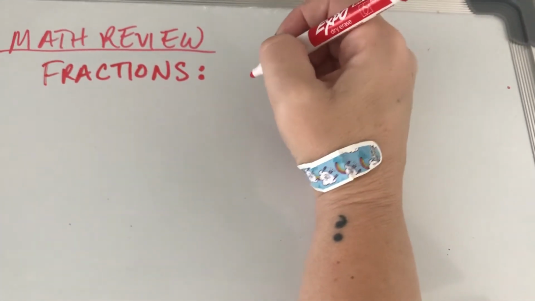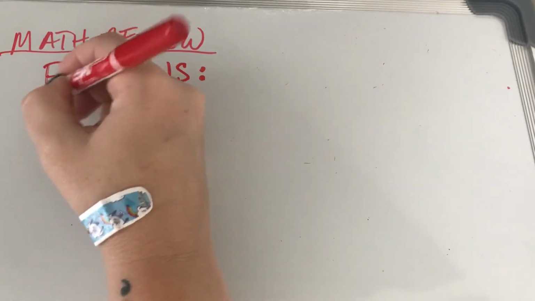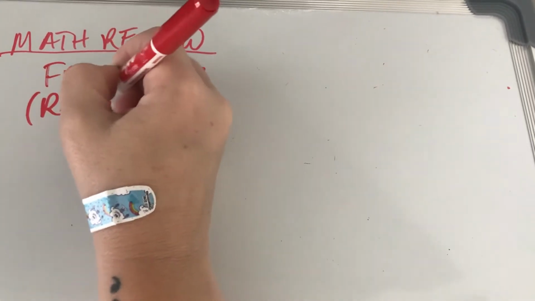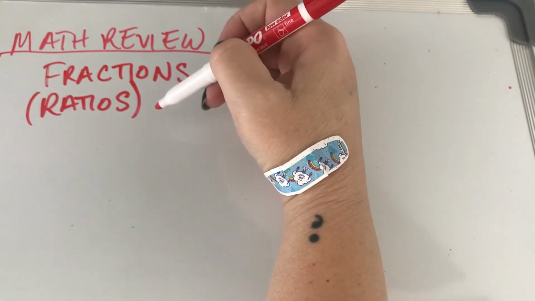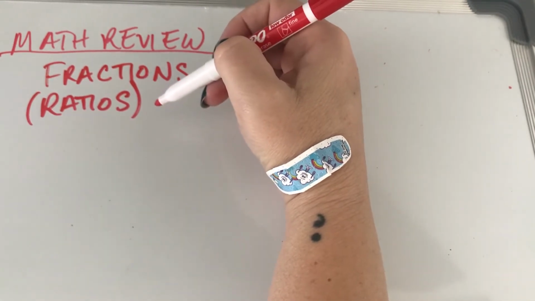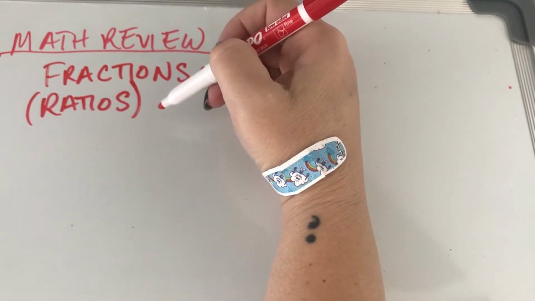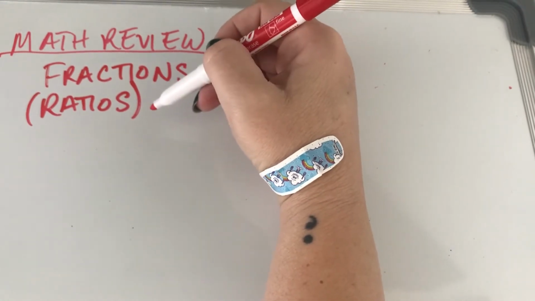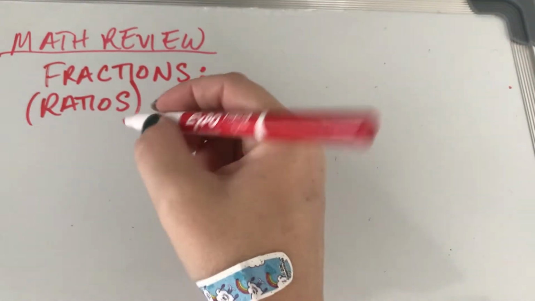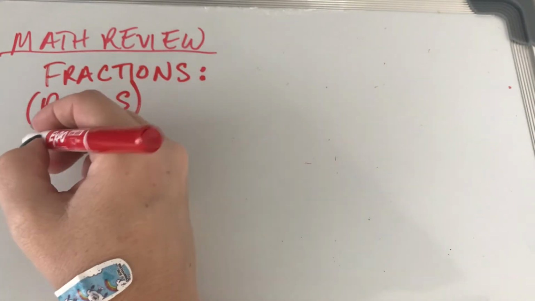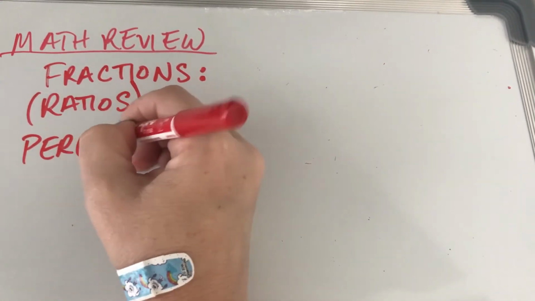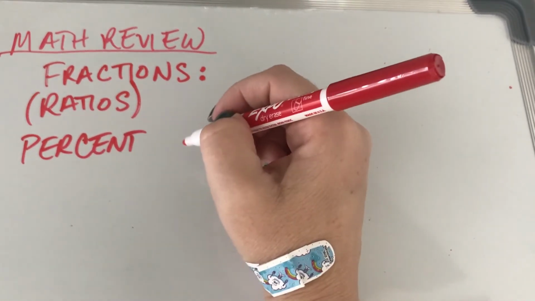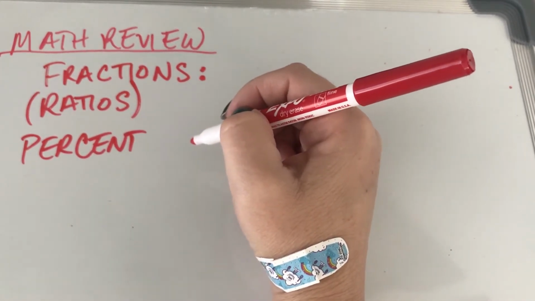Cool. So fractions, also known as ratios, okay? I'll use these two terms interchangeably. To me, they mean the same thing. Occasionally, I'll do a whoopsie-daisy and call a percentage and a fraction basically the same thing.